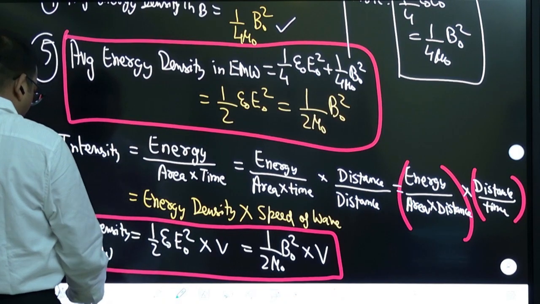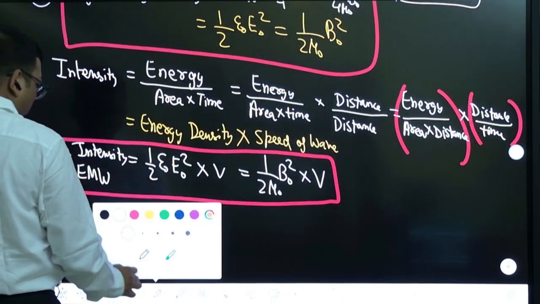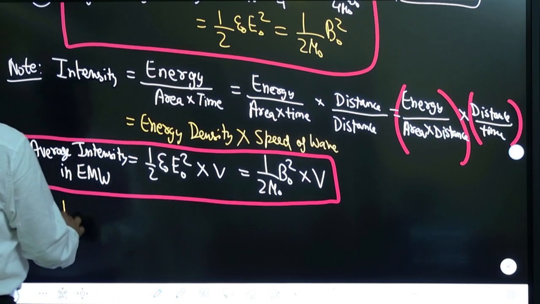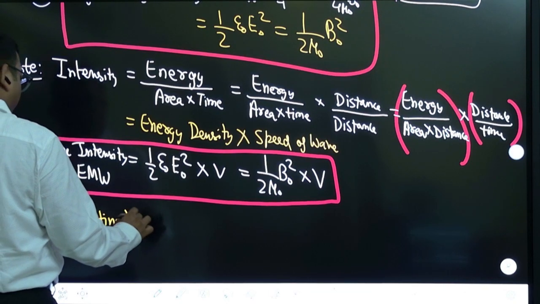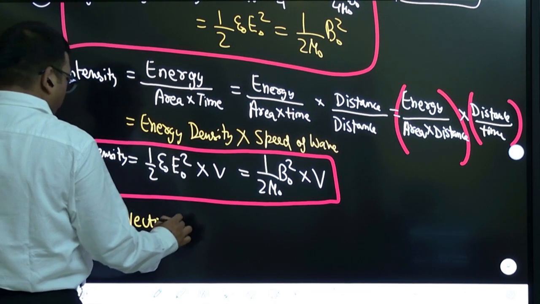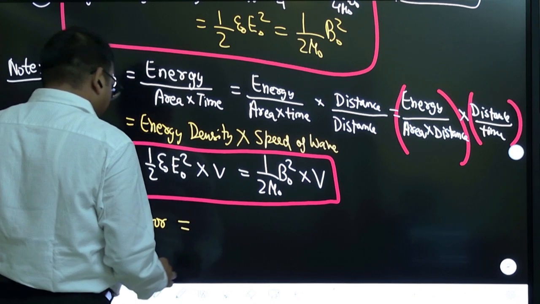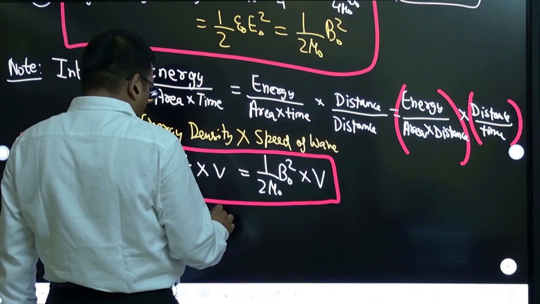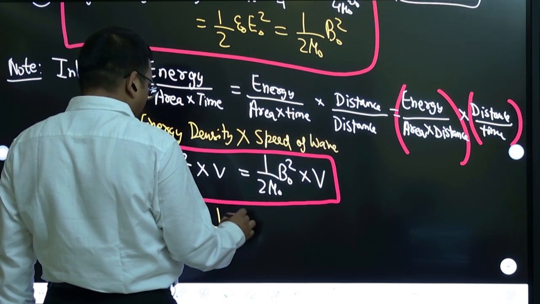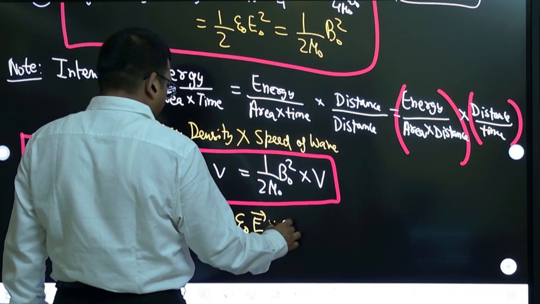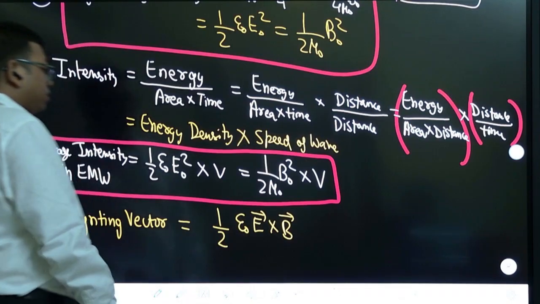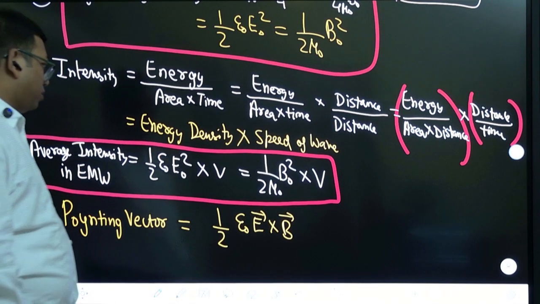Now the same formula for average intensity can also be written as Poynting vector, which can be written as 1 by 2 epsilon naught E cross B. Check out whether this is correct or not.